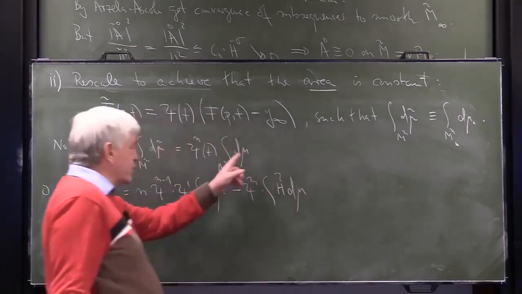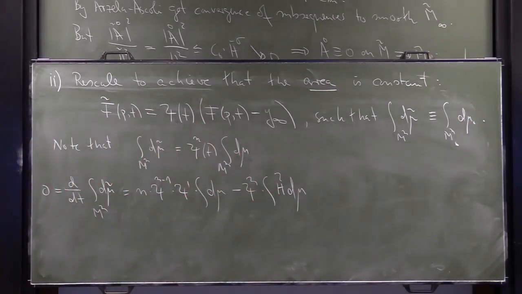That was the evolution equation of the area under the original mean curvature flow.